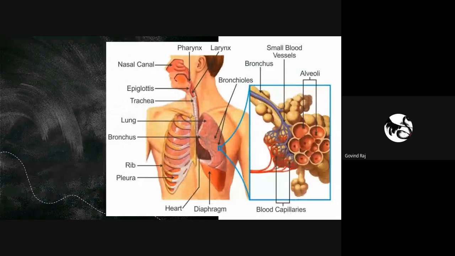As we can see in this picture, this is the respiratory system, or respiratory canal. Here we can see the nasal canal. We breathe through our nose, and the air is taken inside and passes through the pharynx and larynx. Between them there is a portion known as the epiglottis, a finger-like extension that functions as a hatch.